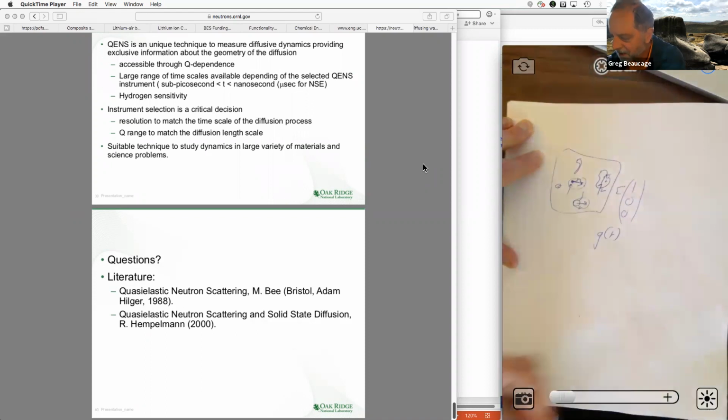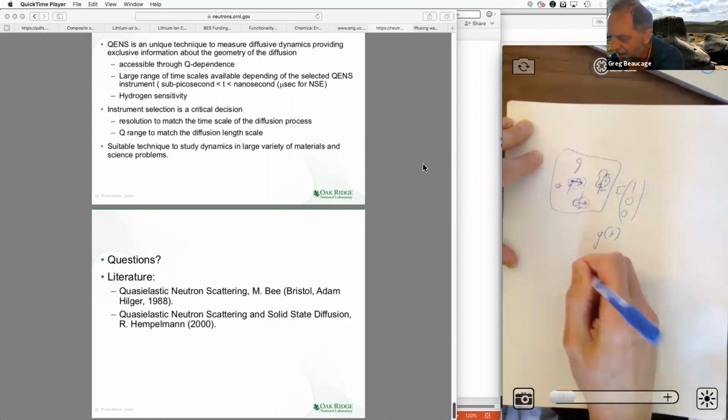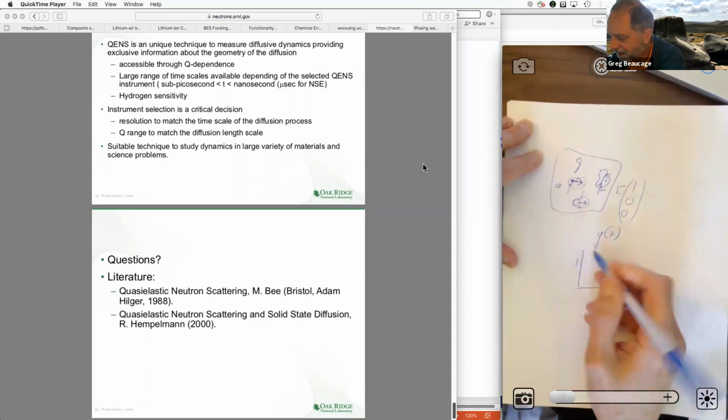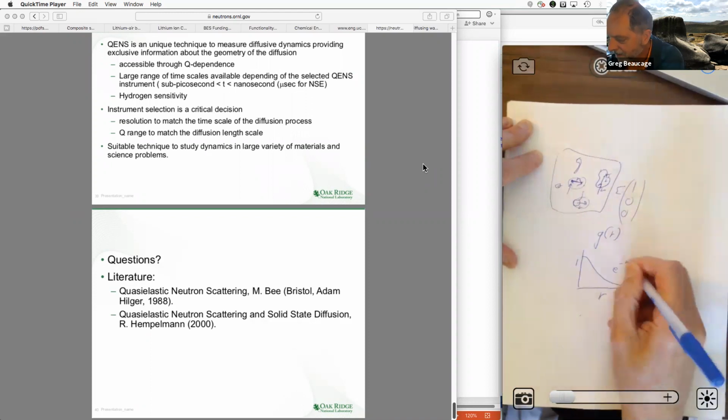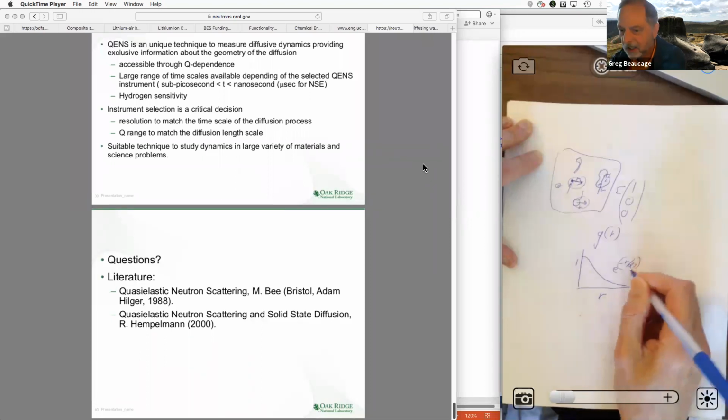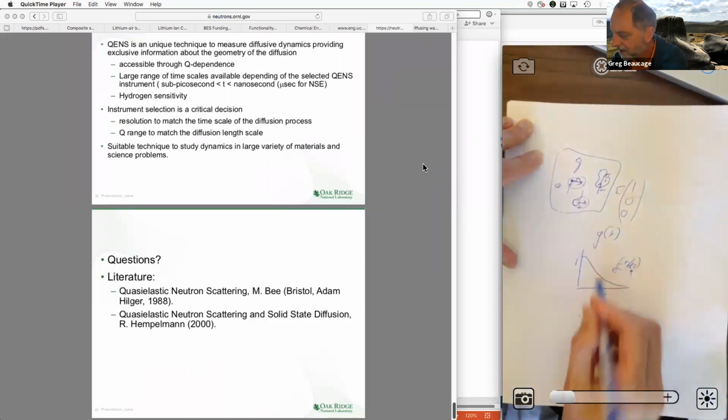So g of r would go from 1. Then as you go out in r, if it's really a random system, it's going to have an exponential curve with some kind of length. This is the scale of segregation: how quickly does this decay?